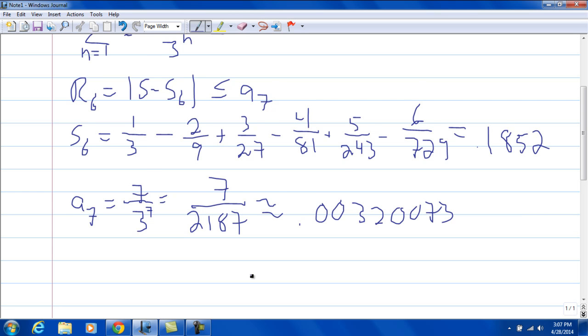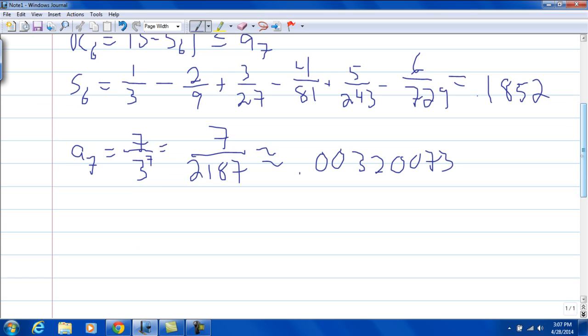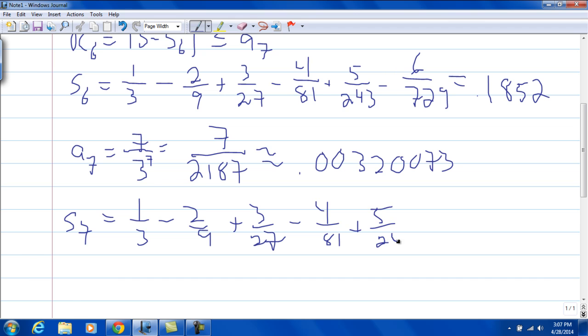So I might want to include that term and do S7, which is going to be 1/3 minus 2/9 plus 3/27 minus 4 over 81 plus 5 over 243 minus 6 over 729 plus 7 over 2187. And let me just check this.